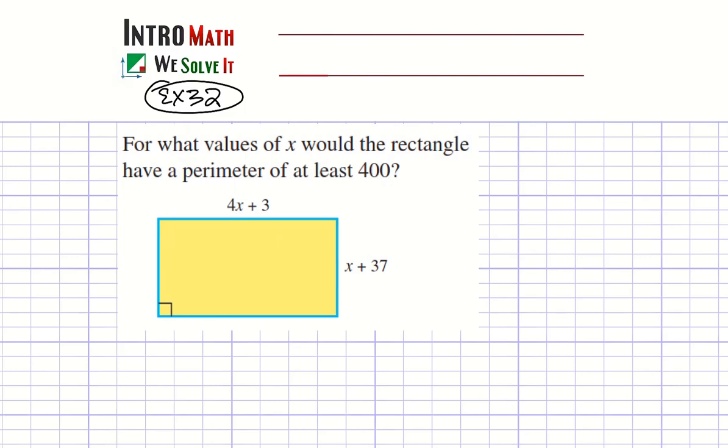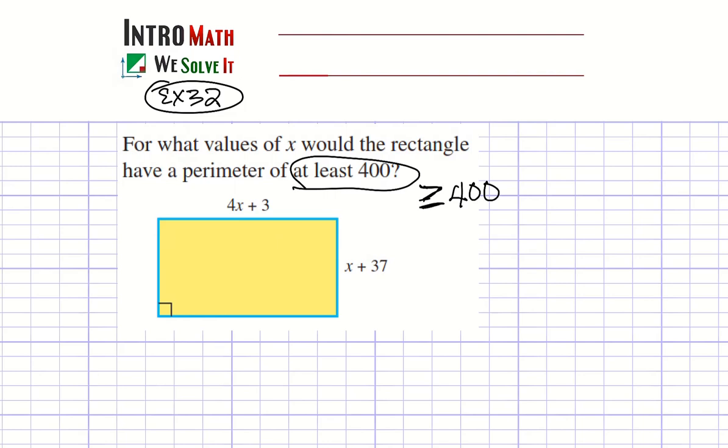Now we're dealing with, for what value of x will the rectangle have a perimeter of at least. At least, you see that? At least means it will have that or it will be greater.